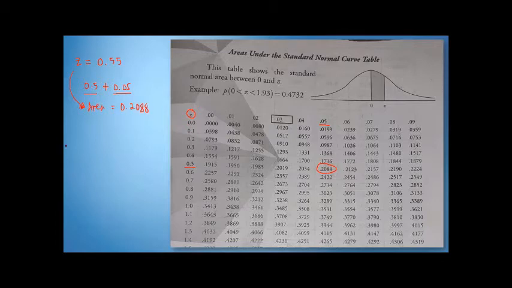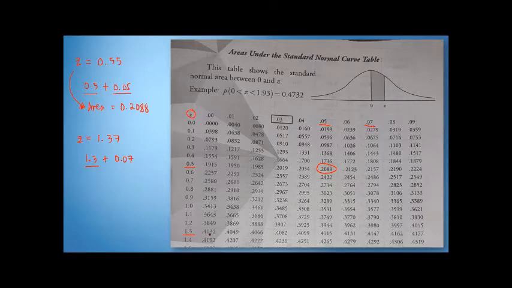Let's have another example. Halimbawa is the z-score is 1.37. So, ang hanapin natin muna is 1.3. Then, meron siyang dugtong na 0.07. So, 1.3 plus 0.07 is 1.37. Ito, hanapin natin sa first column. So, we have 1.3. Then, etong 0.07 hanapin natin dito sa mga additional columns, which is ito, 0.07.